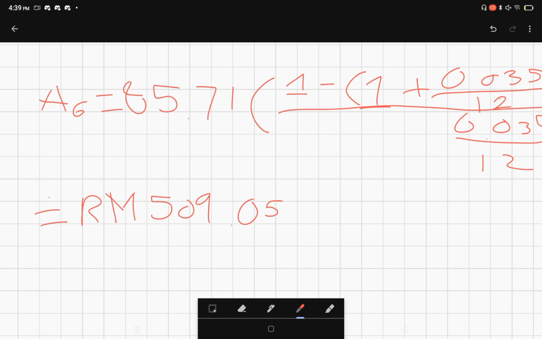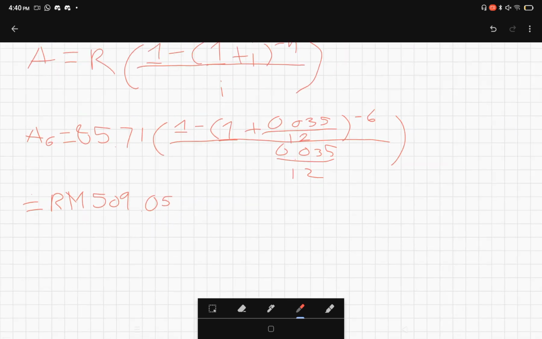This is how much the additional payment that needs to be made by her father.